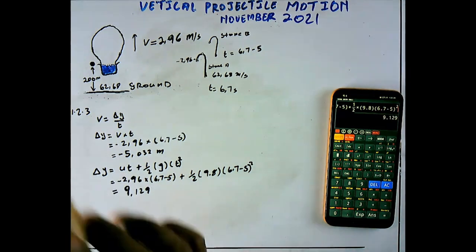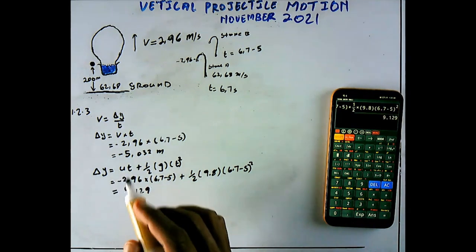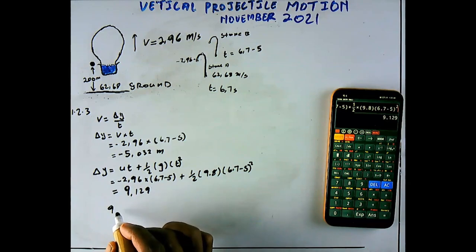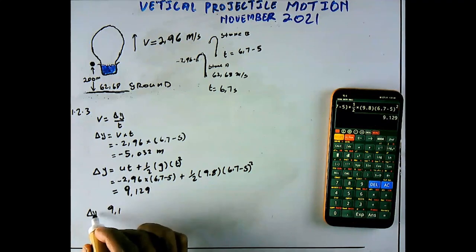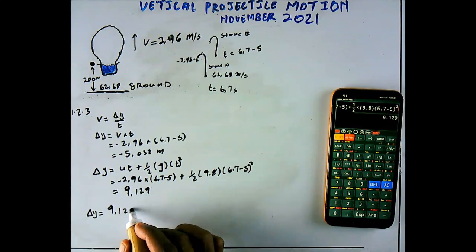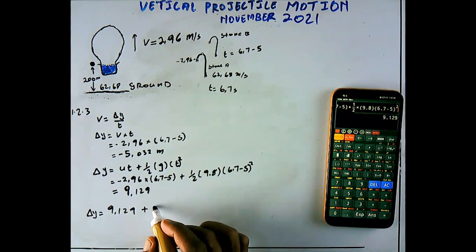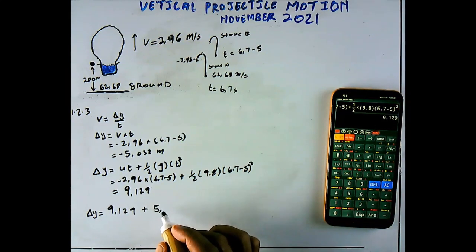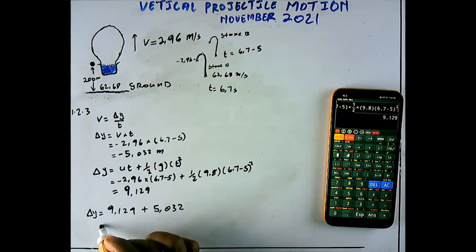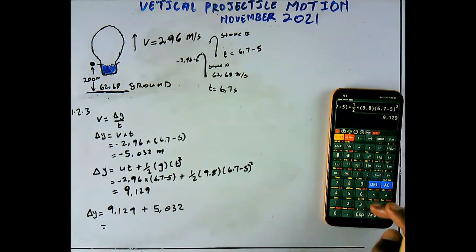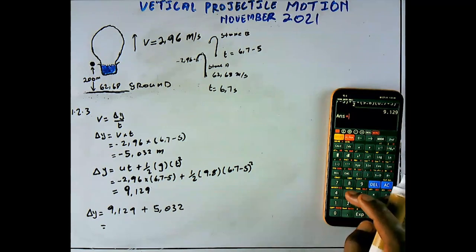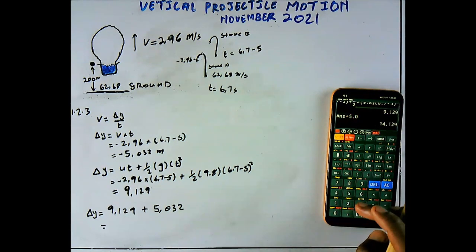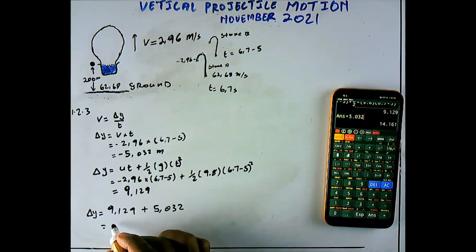So to find the distance between the hot air balloon and stone B, we add these, because one is going up and one is going down. So we're going to have 9.129 plus 5.032, which is 14.161 meters.